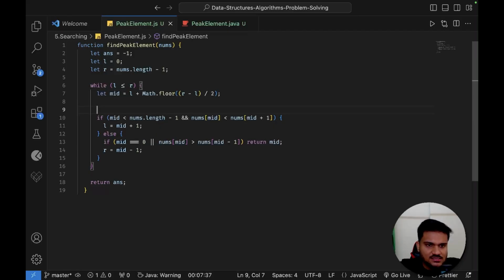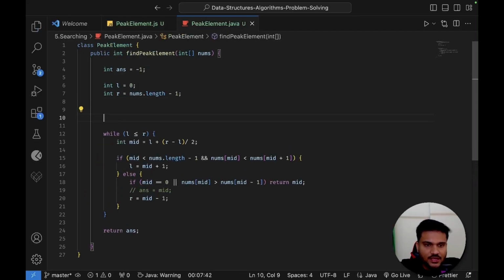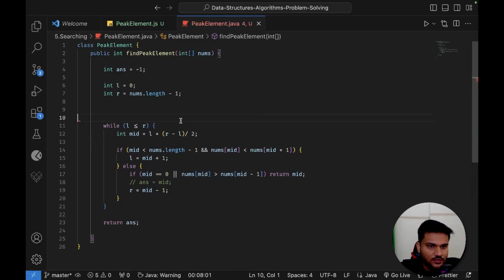So what I'll say is, let's do it here. If mid is equal to 0 and nums of mid is greater than nums of mid plus 1, then your answer is mid. Can I say that? Sorry, we need to put it here.